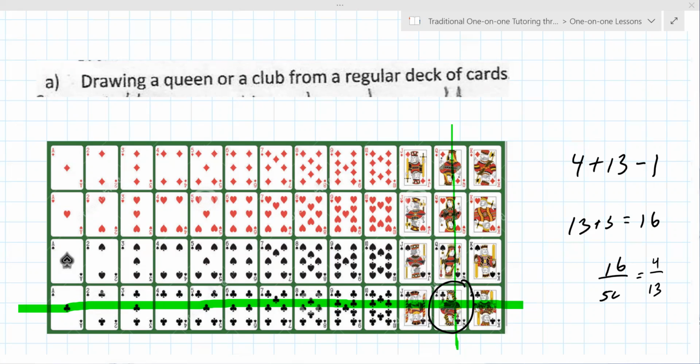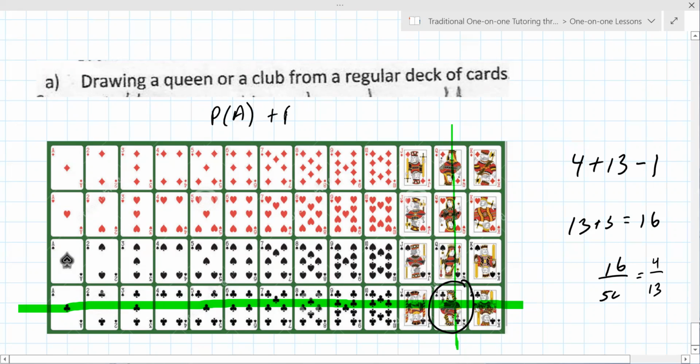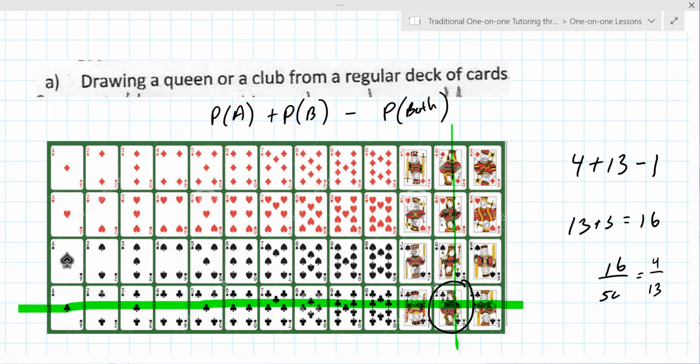I have 4 out of 13, but I don't think I did that to get to it. You used the fact that it's the probability of one plus the probability of the other minus the probability of both. That's correct. There are multiple ways to do it. I'm more of a counter, especially if I know the sample space. But as you saw in that Republican and Democrat and male and female problem, sometimes you have to use this formula to figure that out. Yeah, that makes sense.